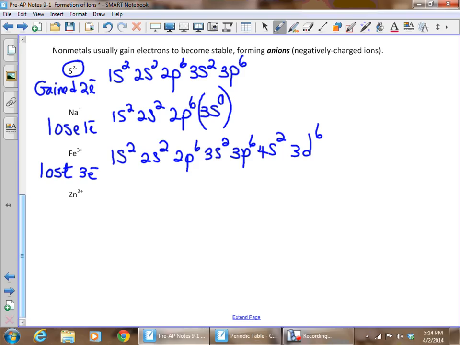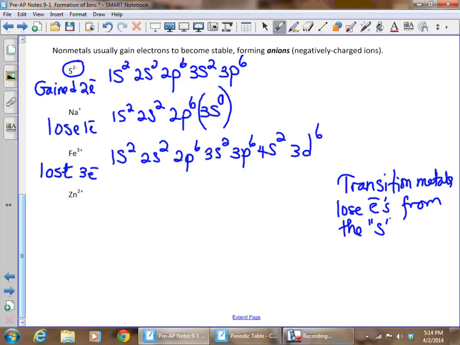And the weird thing about transition metals is they lose electrons first from the s sublevel. And if there are any more electrons to lose, then they'll come from the d. So transition metals lose electrons from the s sublevel first when they form ions.